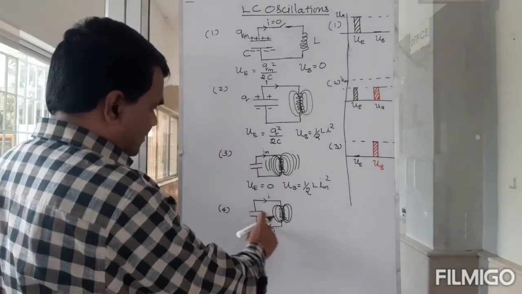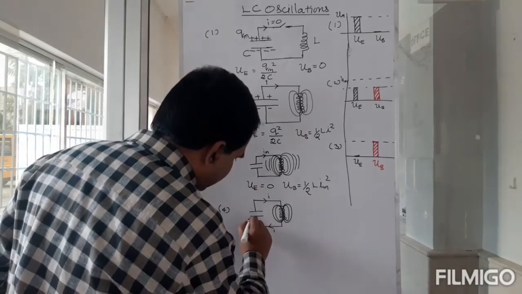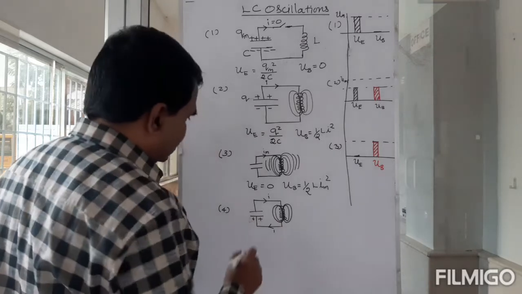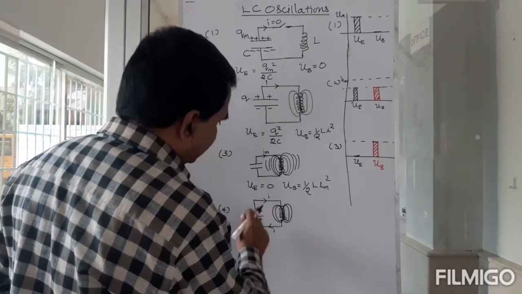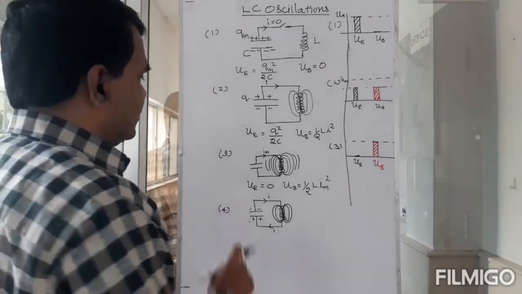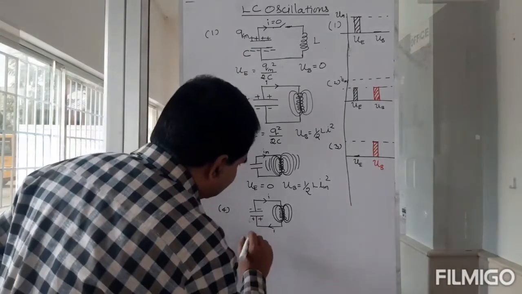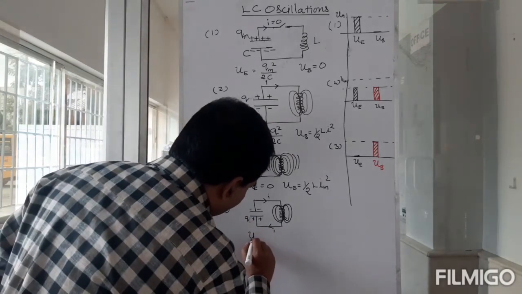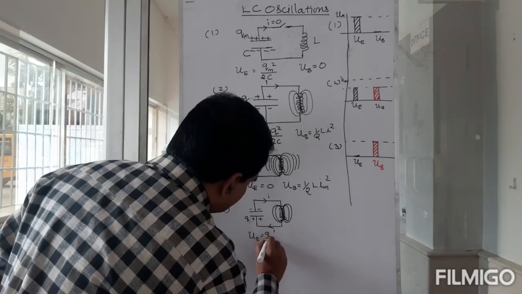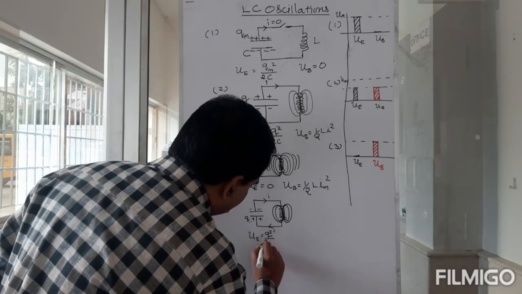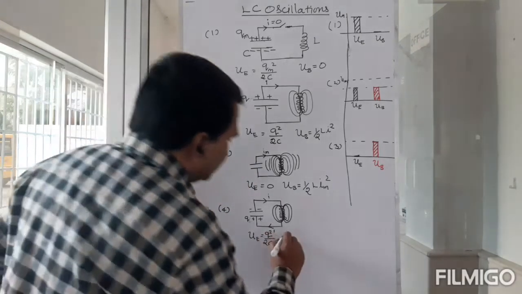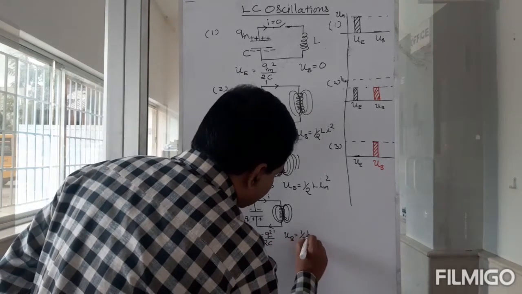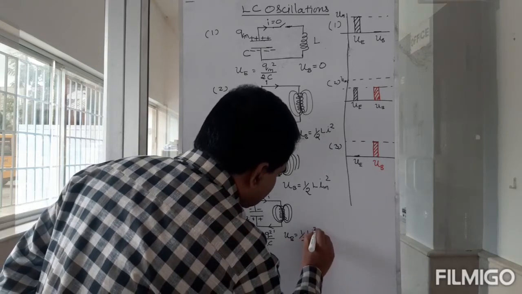Okay. So as the current comes here, now you see the positive charges will be put here, and I've got negative charge here. You put positive charge here, and then will be negative. So now if you notice that UE will have, let's say I have some charge Q here. And UE will now be equal to Q squared by 2C. And then UB is equal to half L i squared.